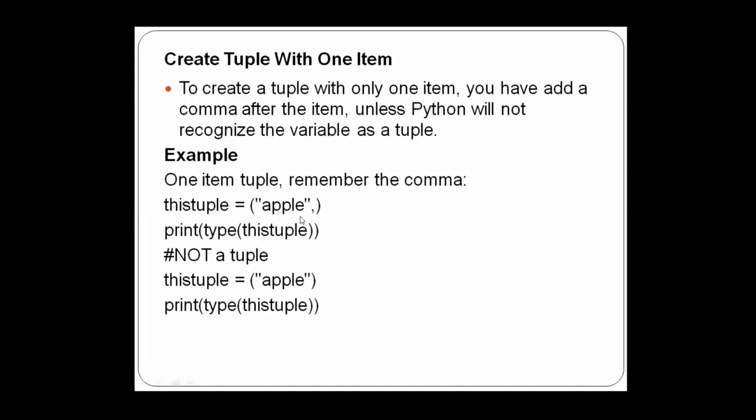So I say this tuple is equal to apple, comma, and I'm printing the type of this tuple. So your type method is used to return the data type of an object, right? So now when this tuple is equal to apple and I don't have a comma here, I again print the type of this tuple.